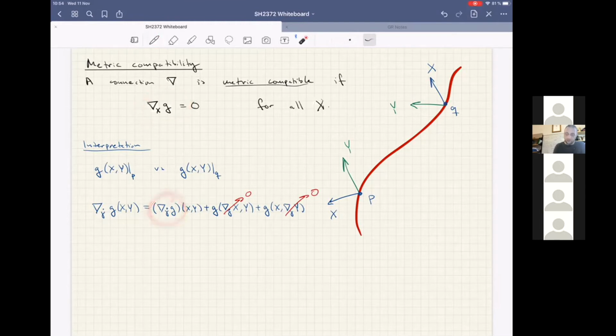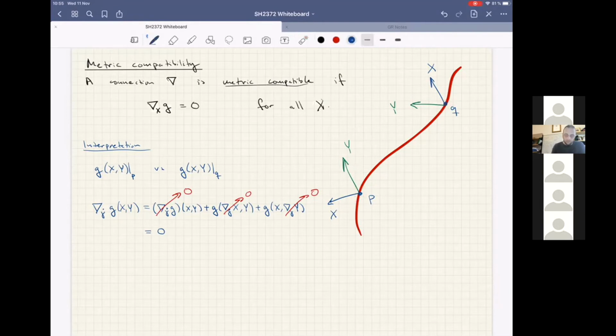So this thing is also 0. So everything here is equal to 0, which means that the derivative of this inner product is equal to 0 along the curve. So this means that the inner product between x and y here, which essentially gives the angle and the length of vectors, is going to be the same in P as it is in Q.